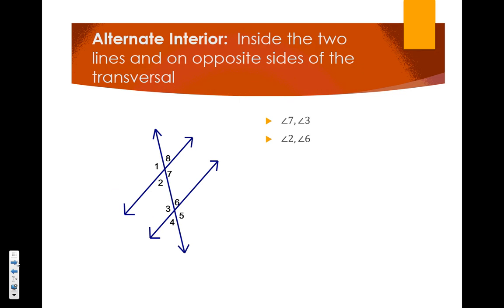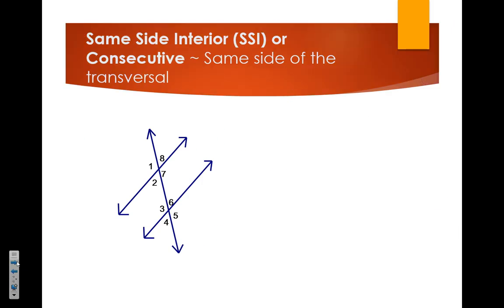The last special pair we have, depending on your state, your textbook, your curriculum guide, is called either same side interior or consecutive interior angles. They are on the same side of the transversal and inside. So 7 and 6, same side, inside, and then 2 and 3.